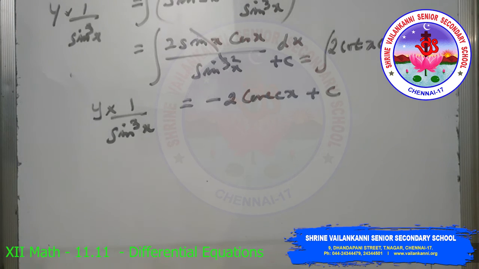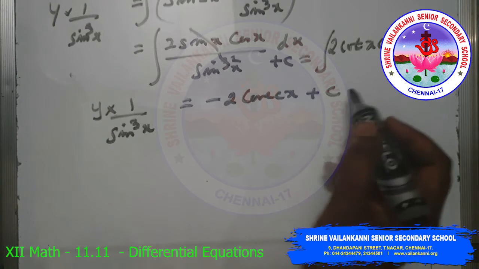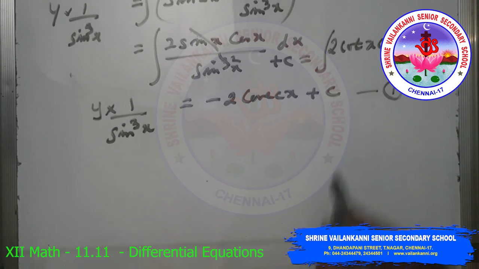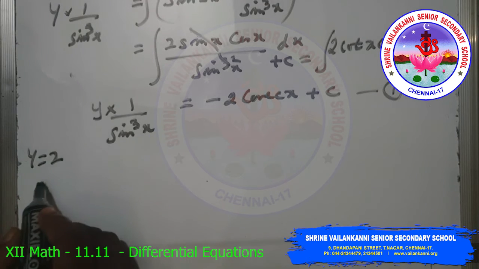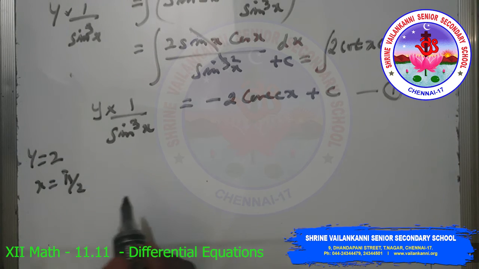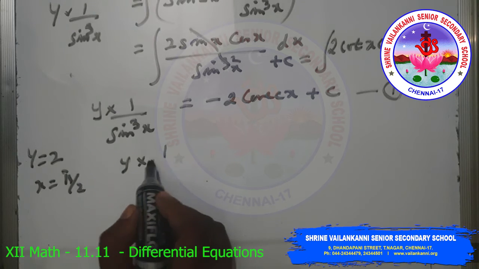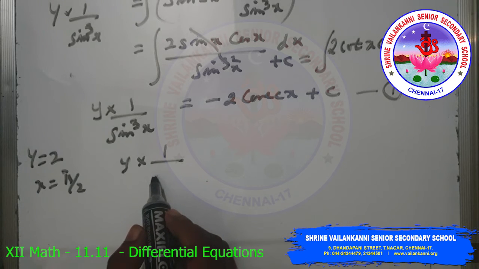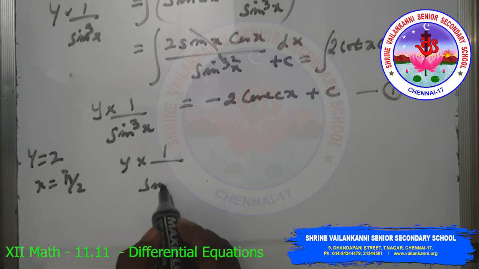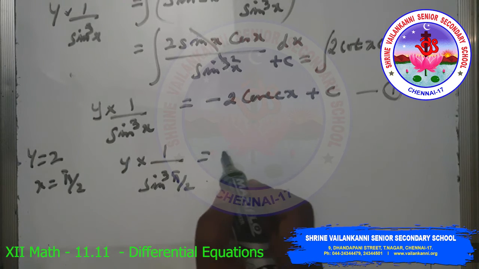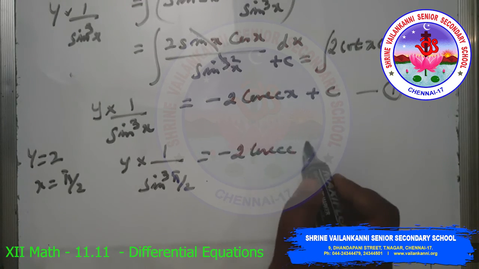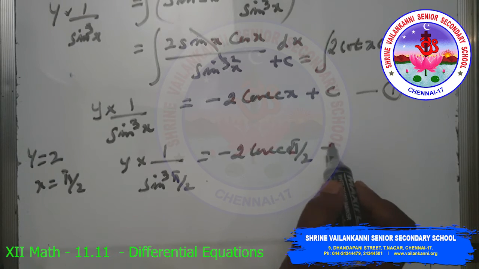Now we have to substitute the value of x and y to find c and then substitute in this equation. Let us take this equation as 1 and put in y equal to 2 and x equal to pi by 2. So y into 1 by sin pi by 2 whole power 3, otherwise sin cube of pi by 2, which is equal to minus 2 cosecant pi by 2 plus c.